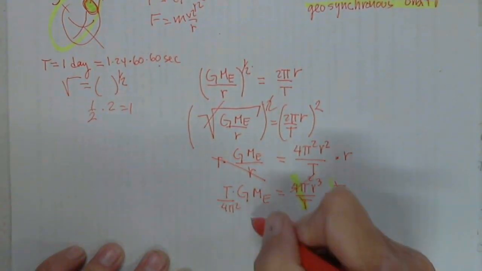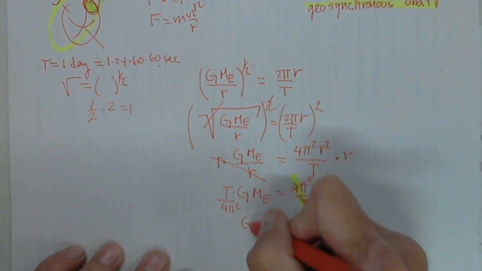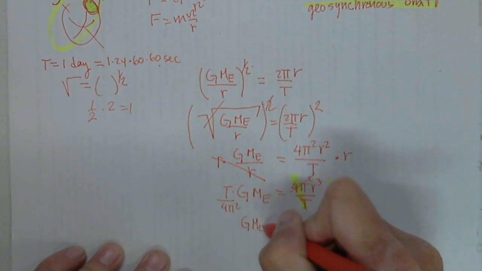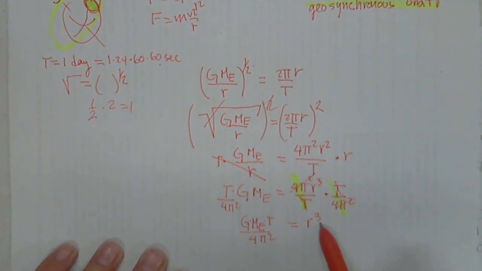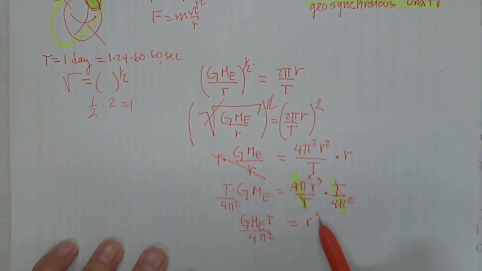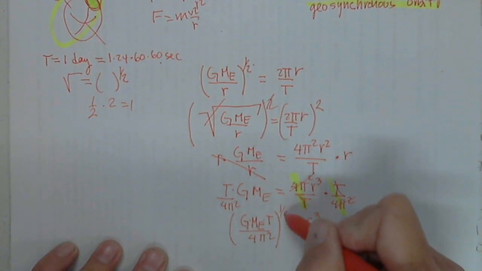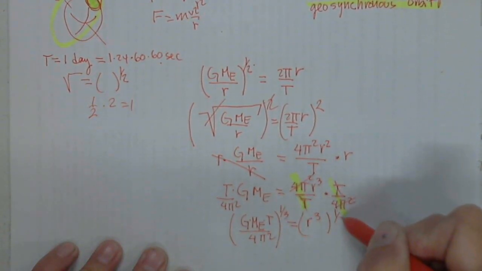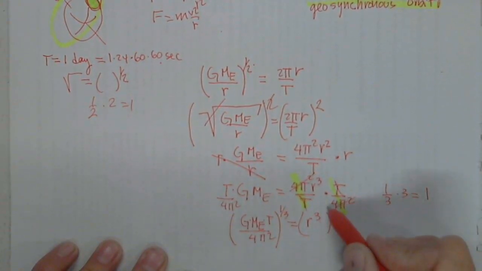And here, I'm going to rewrite it this way: G M_E period squared divided by 4 pi squared. And now to eliminate the cube, you need to do exponent 1/3 on both sides of the equation. 1/3 times 3 is 1, so this cancels.